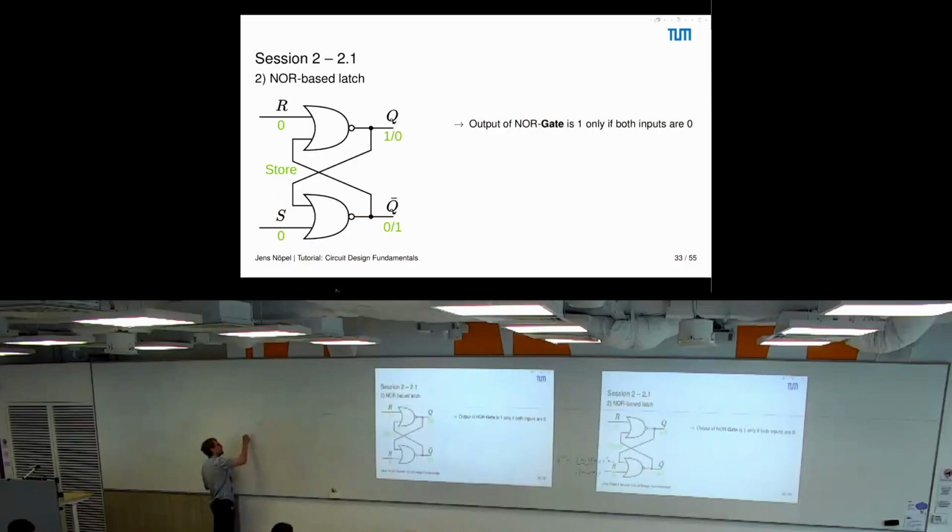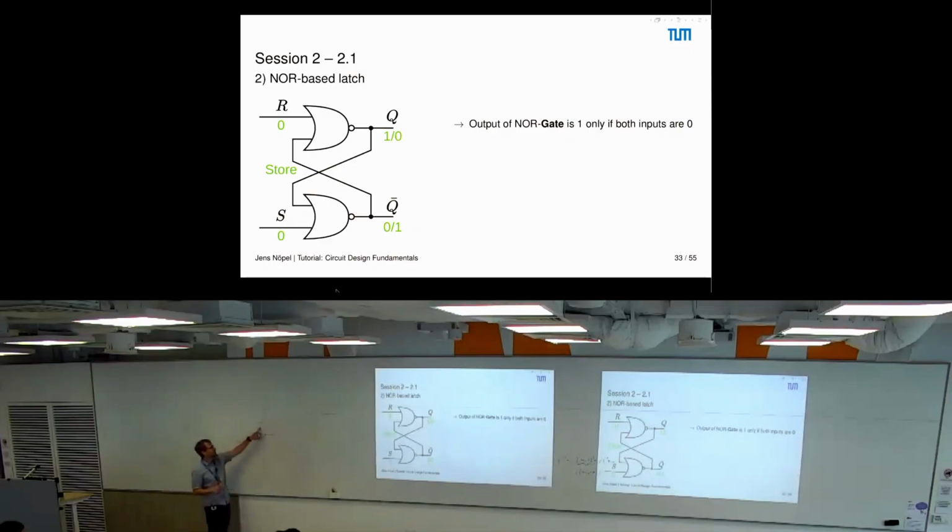Here you have your input, and here you get your output. On this side you have VDD, and on this VSS. This is a very simple inverter, and if you think about it, if you have a 0 here, what happens?